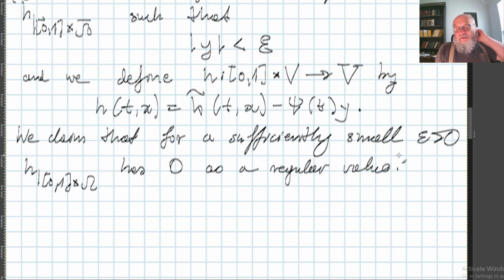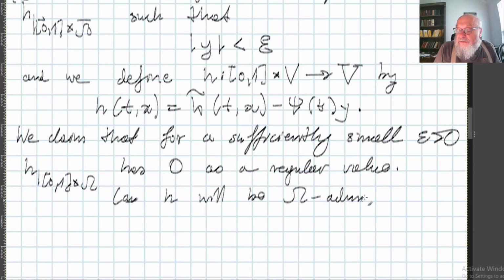Of course, we can also choose this epsilon sufficiently small in such a way that h will also be omega admissible. So we will prove it as well. Regular value, and h will be omega admissible.